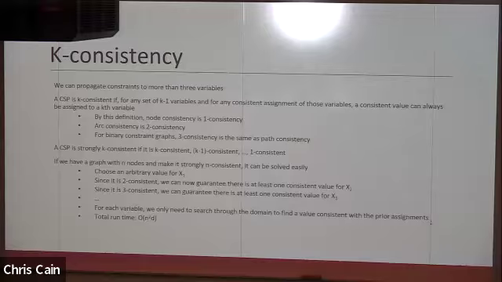So the total runtime of that is n squared times d. Of course, constraint satisfaction like this is NP-complete in general. So trying to apply this to a generic problem is going to have exponential complexity.